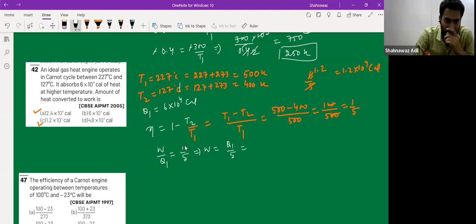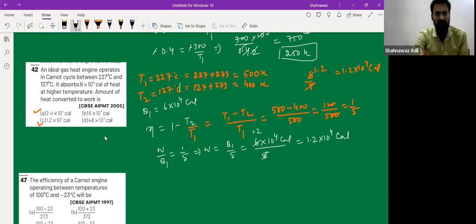Q1 is 6 into 10 to the power 4, divided by 5. So Arpit got this: 1.2 into 10 to the power 4. Marita, you check your answer. Okay, so this one is right.